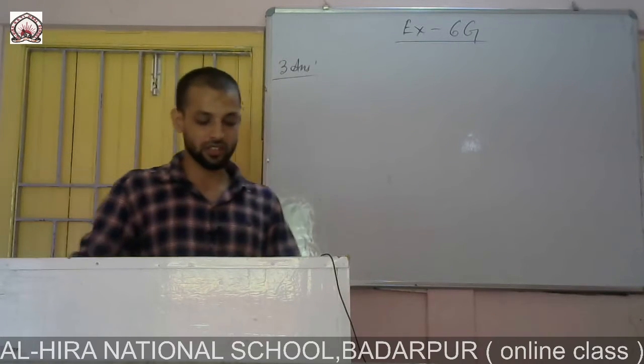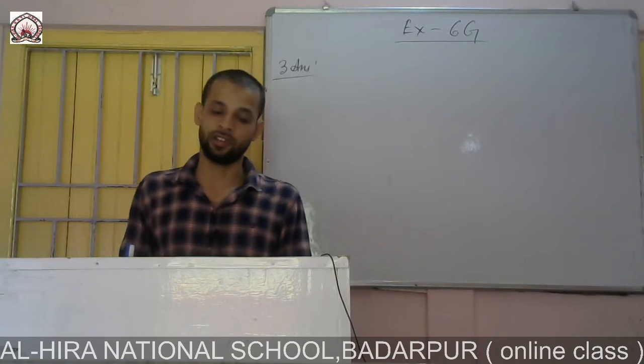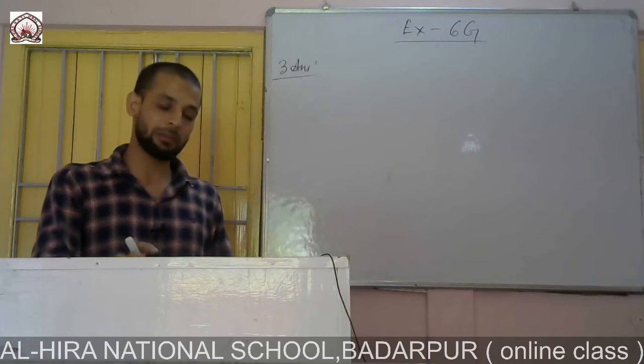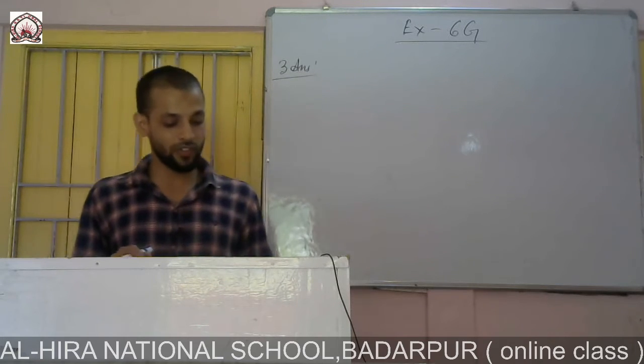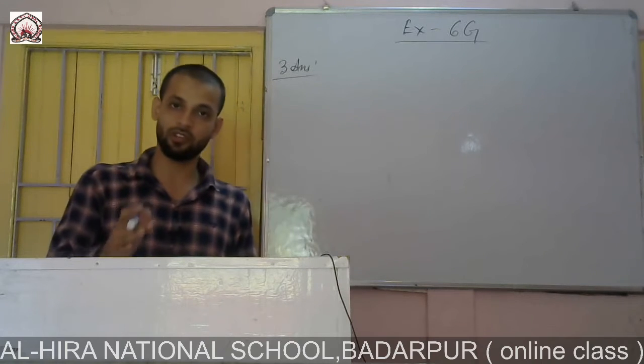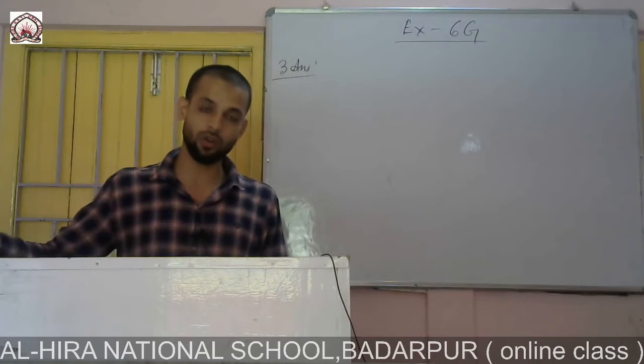The first question is: a wildlife park in India had 370 elephants. The first thing to keep in mind is that the total number of elephants is 370. Twenty-five of them were sent to Nepal, that means 25 from this 370 elephants were sent to Nepal.